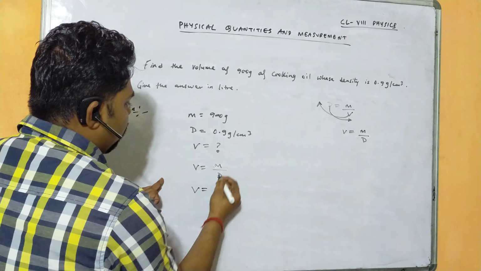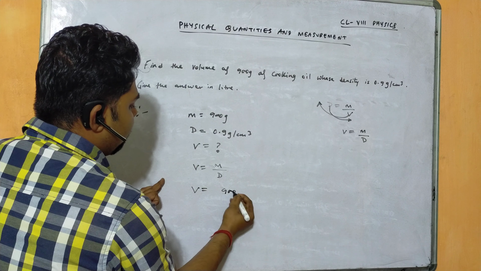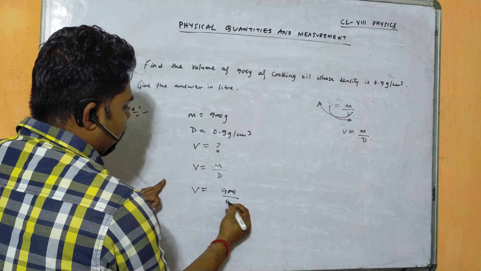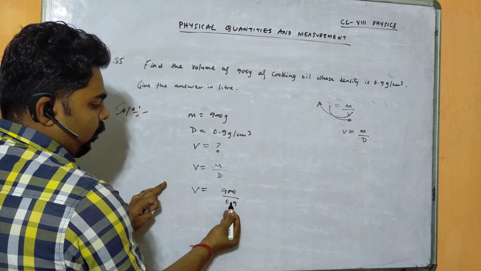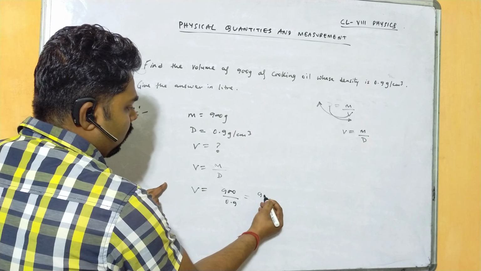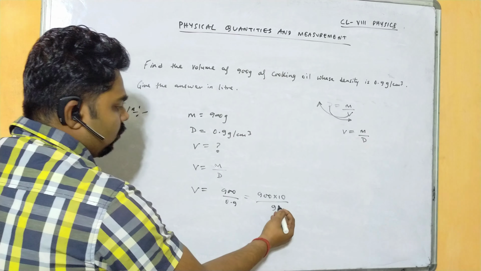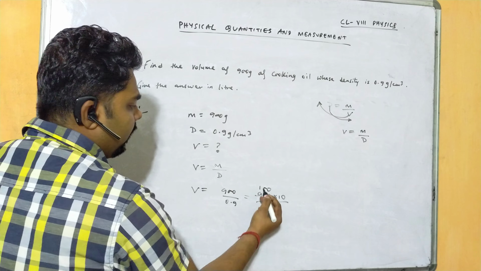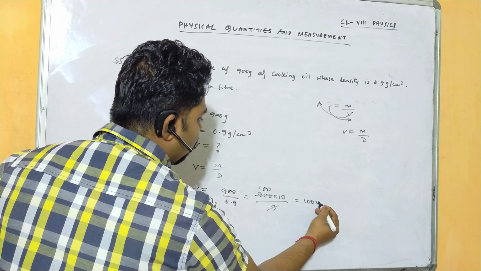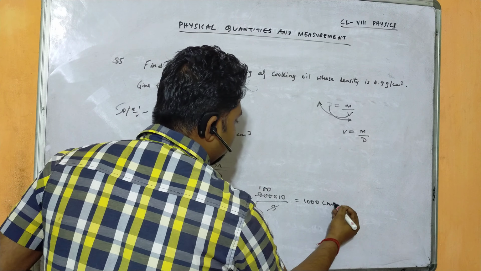So volume equals mass. So how much is the mass? 900 gram and density is 0.9. So the point is after one digit, so 1 0 will go up and the point will vanish. So 9 into 100, 900. So 100 into 10, that is 1000 centimeter cube.